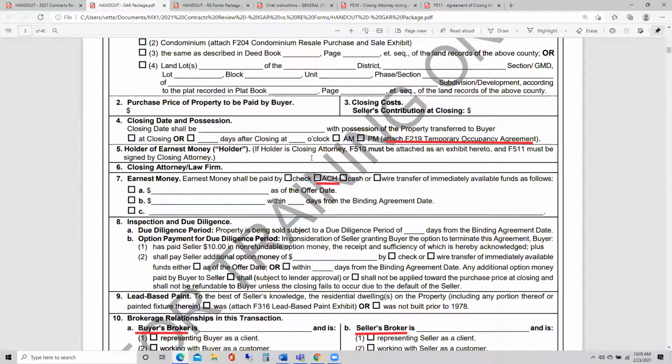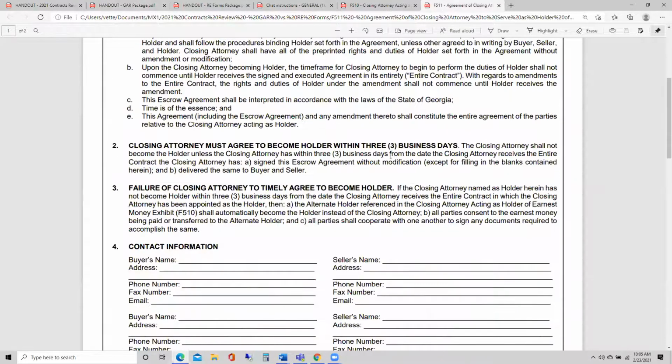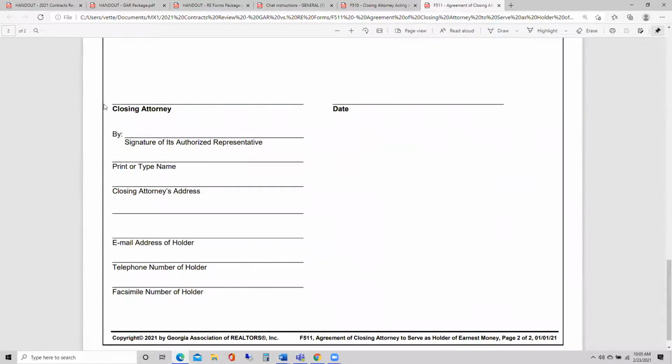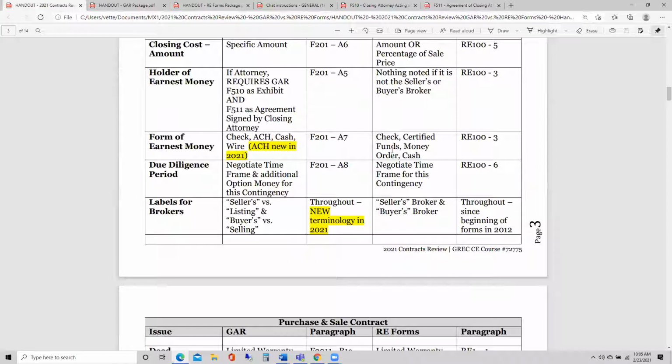And we've seen contracts where that law firm holds the earnest money, but they are not identified as the closing attorney. Well, if that's the case, it is the same thing, because this F511 is signed by the closing attorney. So just something to keep in mind.